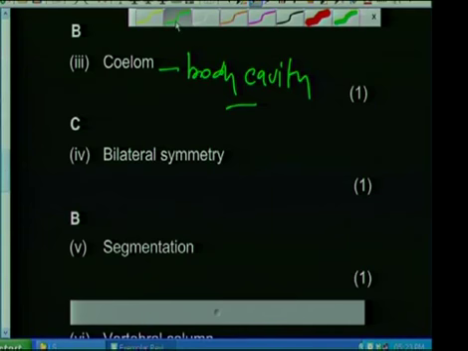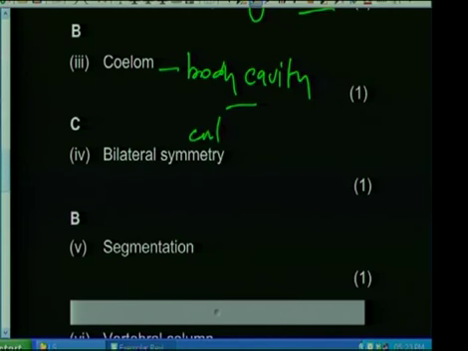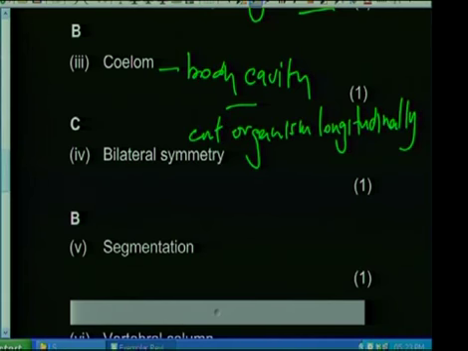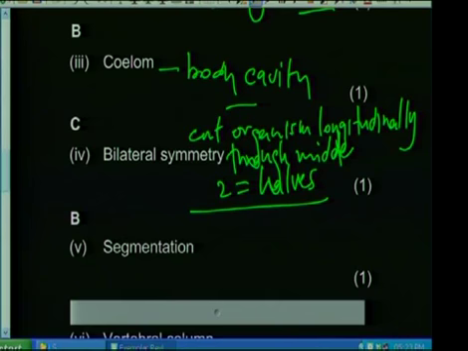Bilateral symmetry means that if we cut the organism longitudinally through the middle, it will yield 2 equal halves. That means whatever is on one side will be on the other side. By the way, the significance of bilateral symmetry is that it helps the organism to move in a forward direction.